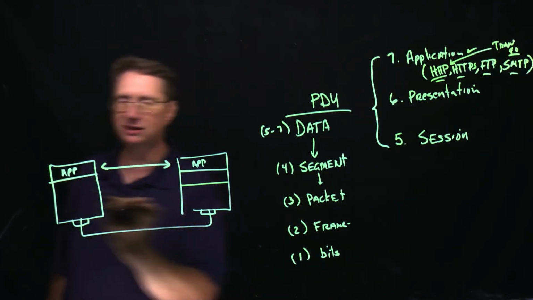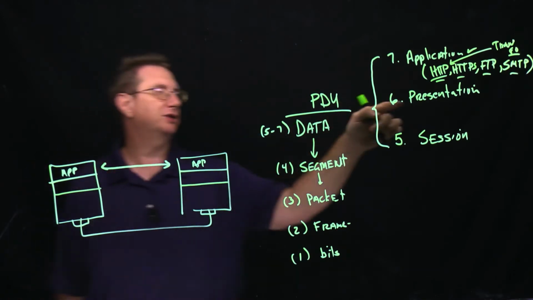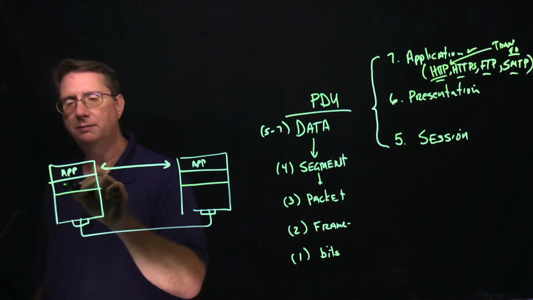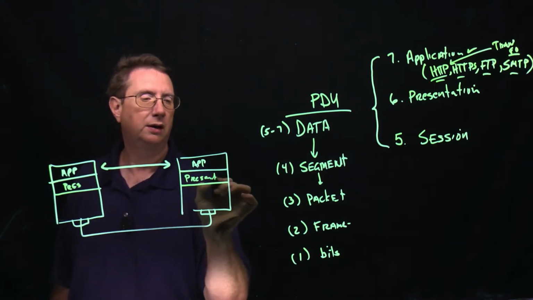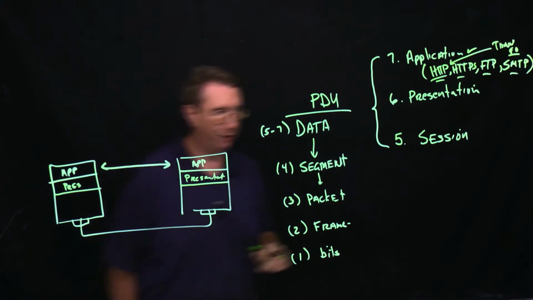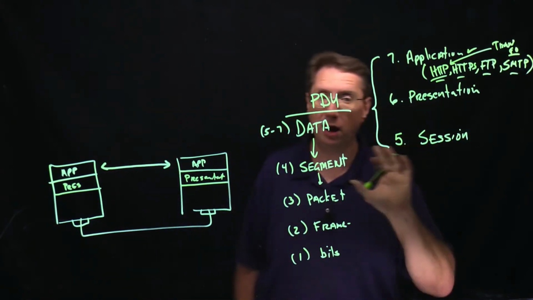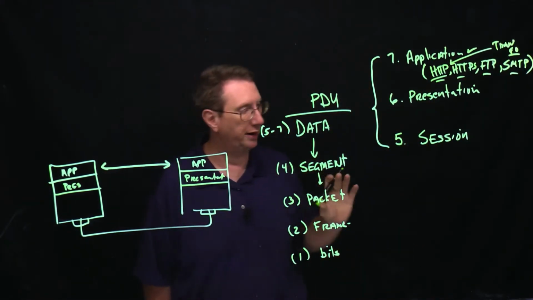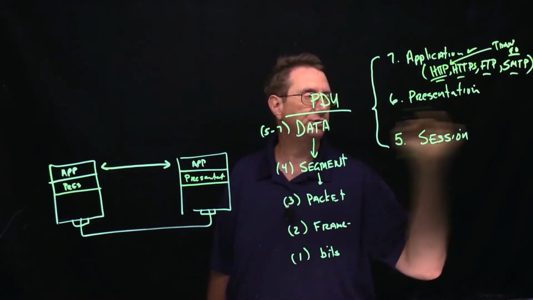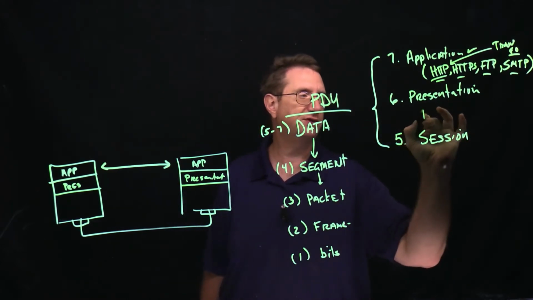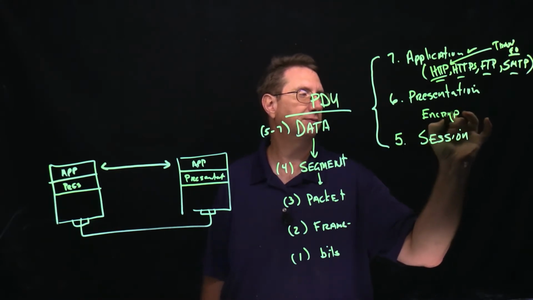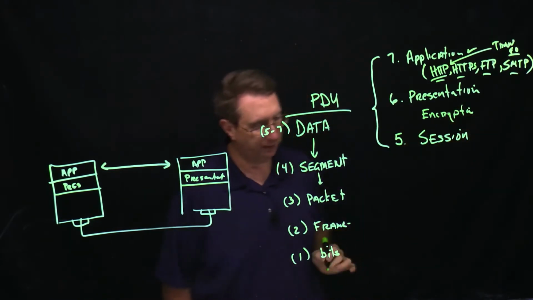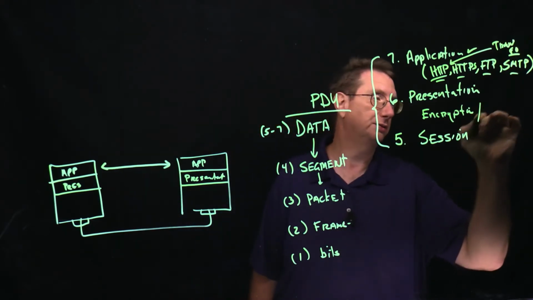Now, when we look at this next layer, layer 6, which is going to be the presentation layer. So when it comes to the presentation layer, it does a lot of things for us, but when it comes to my level of interest in this particular course of study, it's going to be responsible for encryption, and it's going to be responsible for de-encryption.